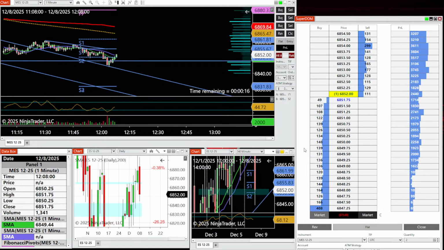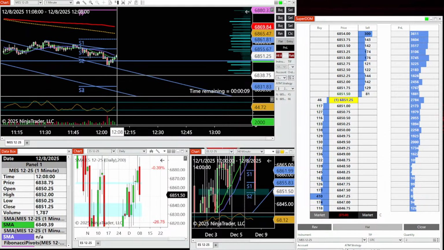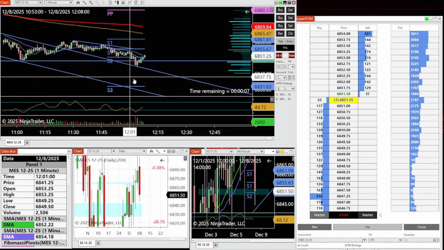Back over 50. Came and tested the bottom of the trend, the top of the trend line.